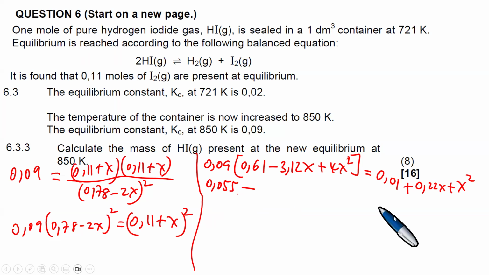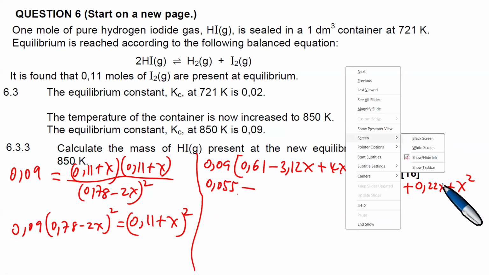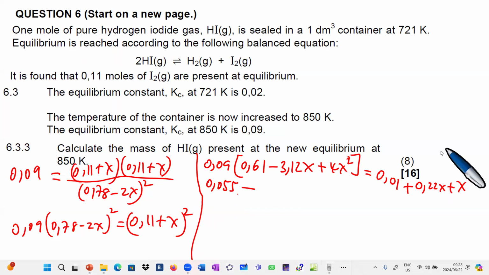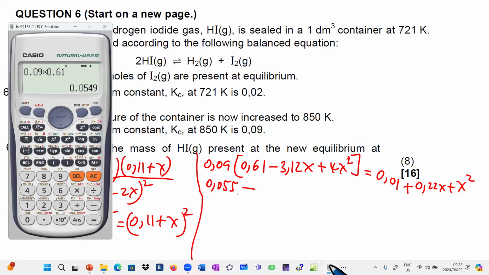Minus 0,09 times 3,12. Let's check. 0.09 times 3.12 is 0.28.